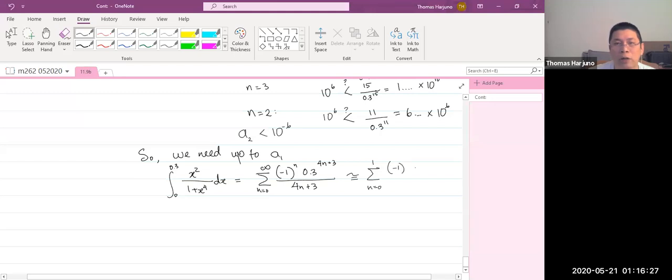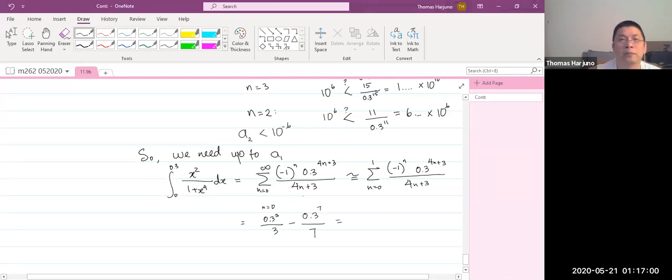Wow, do you think this is really nice? Just using two terms, the 0 term and the first term, we are accurate to 6 decimal places already. So when n equals 0, I get 0.3 cubed over 3 minus 0.3 to the 7 over 7.